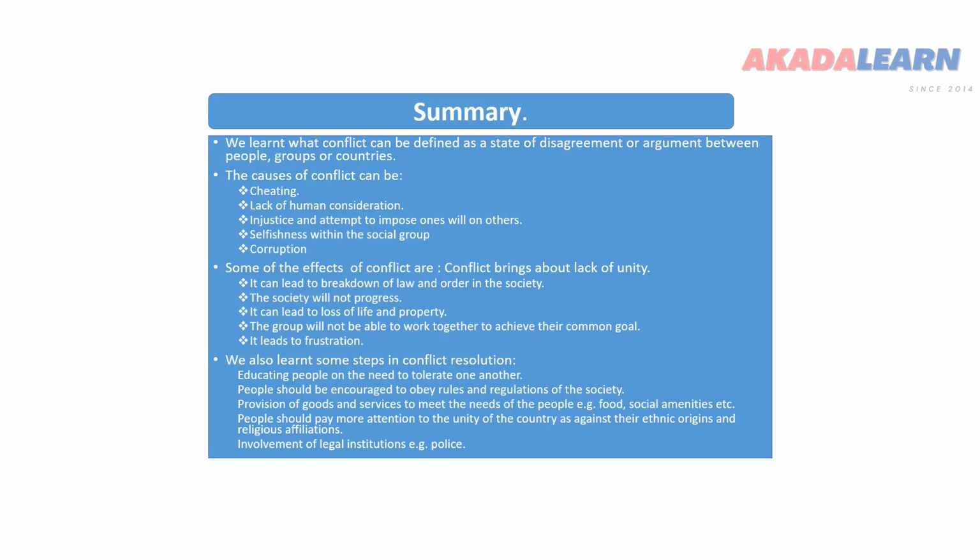And finally, involving the use of legal institutions such as the police, the army, road safety, or other legal institutions. So this is a breakdown of what we've learned in this lesson.